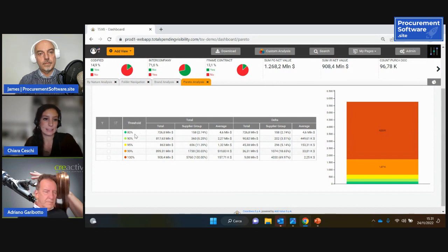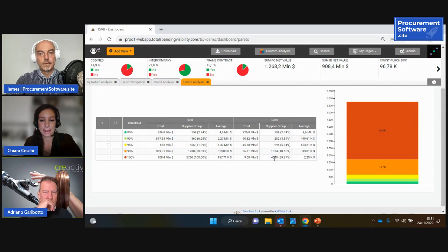In this case, we can see exactly a usual situation, that the majority of the spend covers, let's say, a small amount of suppliers, and the last 1% of the spend, if we have a look at the delta, includes more than 4,000 suppliers.